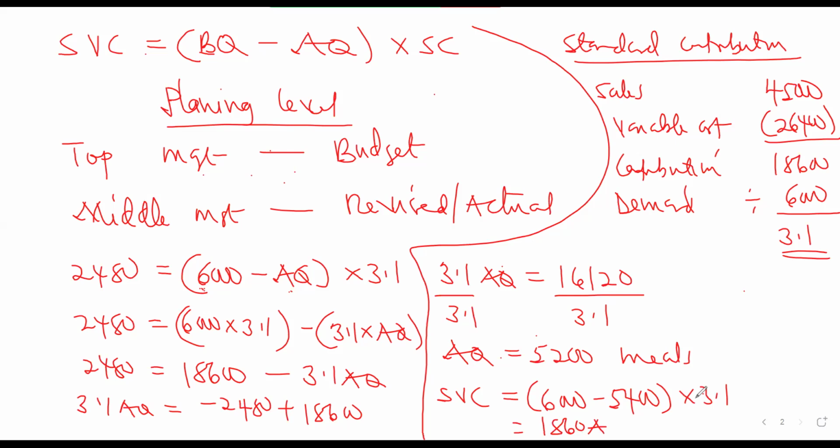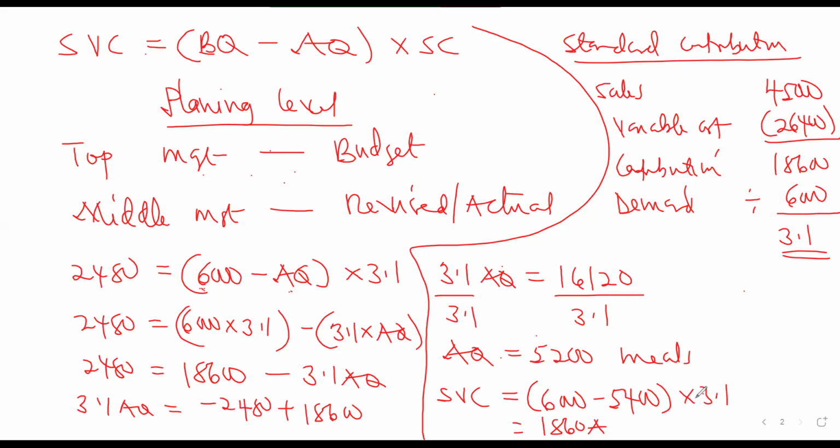What is the sales volume variance at the planning level? At the planning level they are estimating 6,000, but the people at the middle level are now giving us 5,200 as the budget. So we will now come and sell 5,400. Between the middle level and the operational level is another level of calculating a variance, which is what we call the operational level.